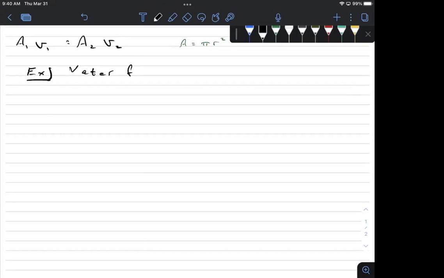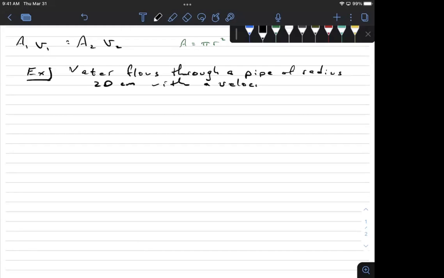Water flows through a pipe, the radius, let's say 20 centimeters, with a velocity of, let's say, 30 meters per second.